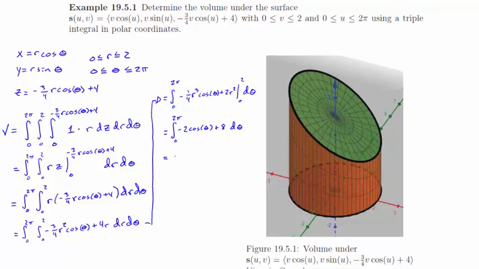So we get negative 2 sine of theta plus 8 theta evaluated from 0 to 2 pi. Sine of 2 pi is 0, plus 8 times 2 pi is 16 pi. And then minus sine of 0 is 0, minus 8 times 0 is 0, so we just get 16 pi. And that is the volume under this surface.